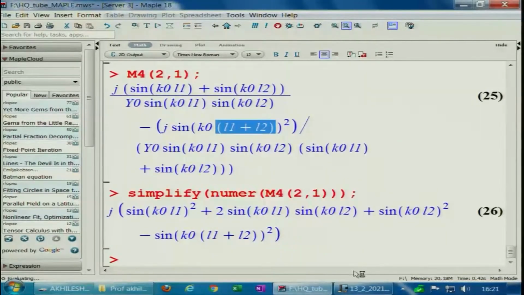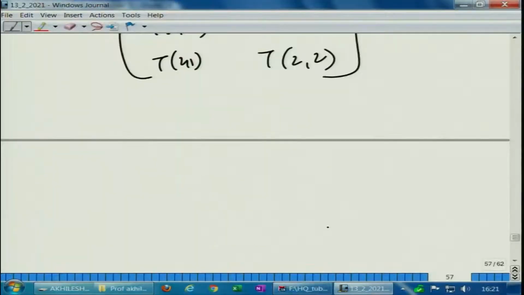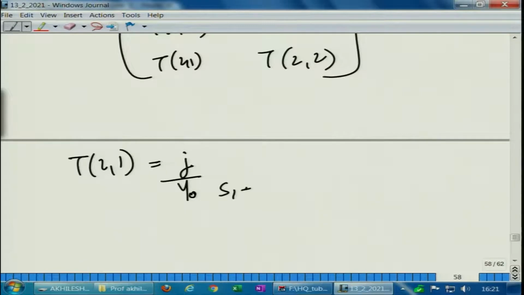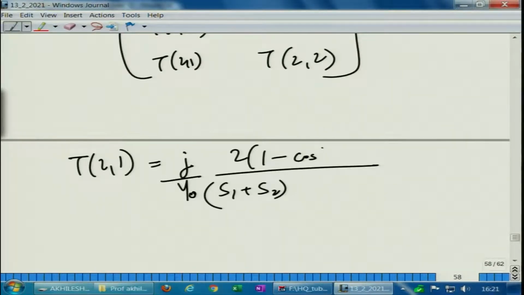So, basically what happens is that when you simplify the entire thing, T21 will be equal to J Y naught, and of course, in the denominator there will be S1 plus S2, and in the numerator there will be 2 times 1 minus cos of L1 plus L2. Okay.